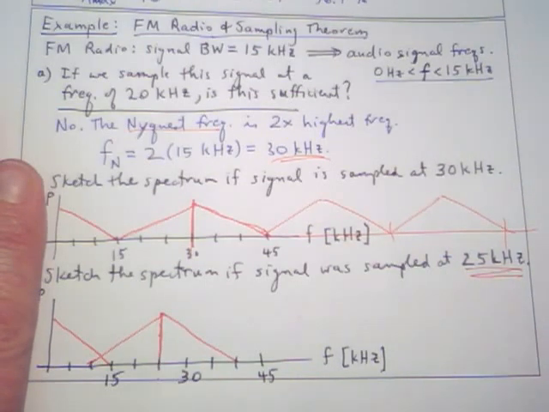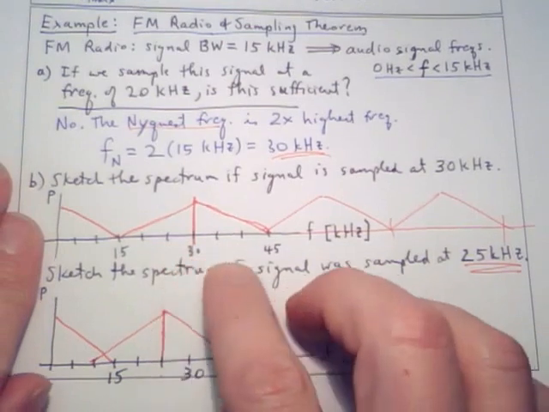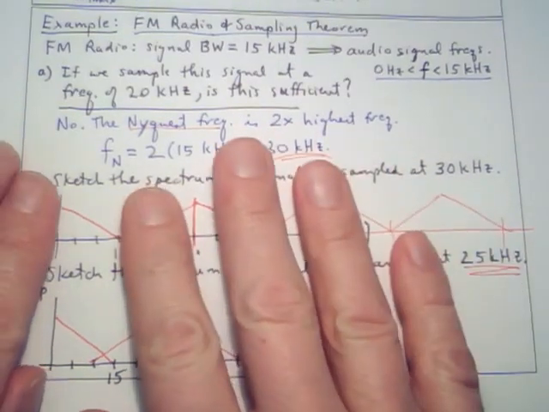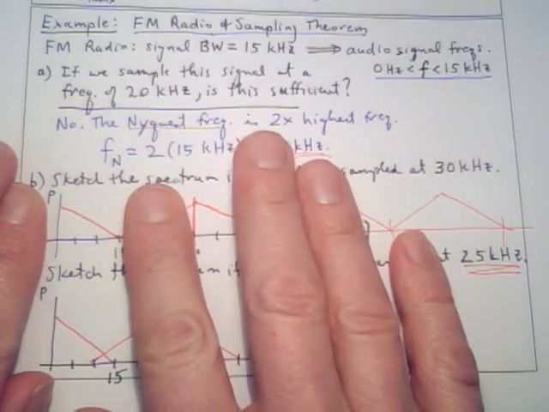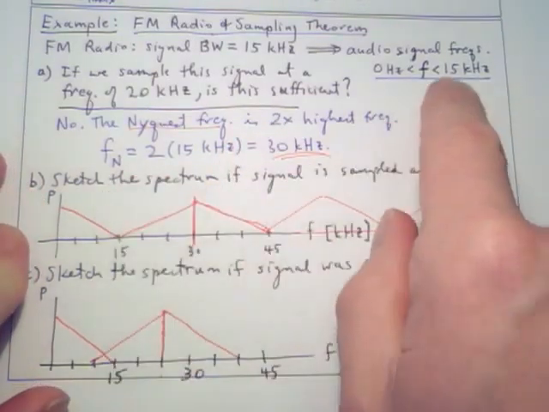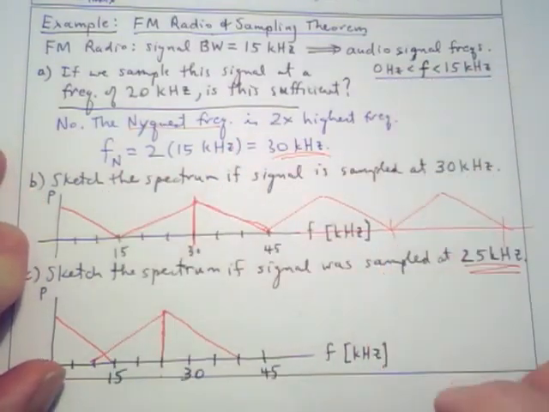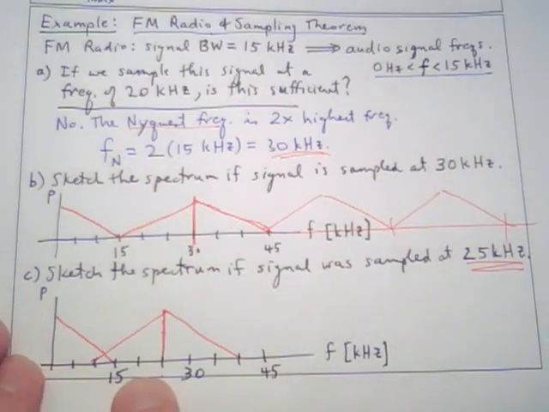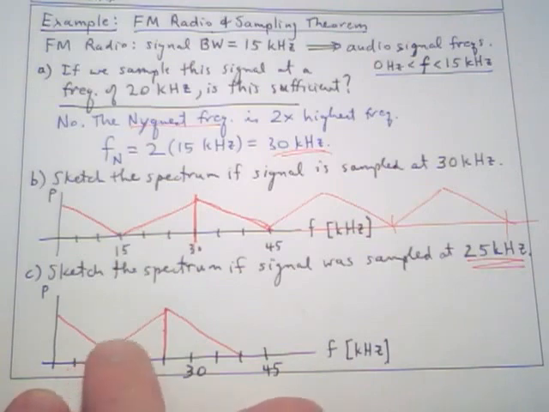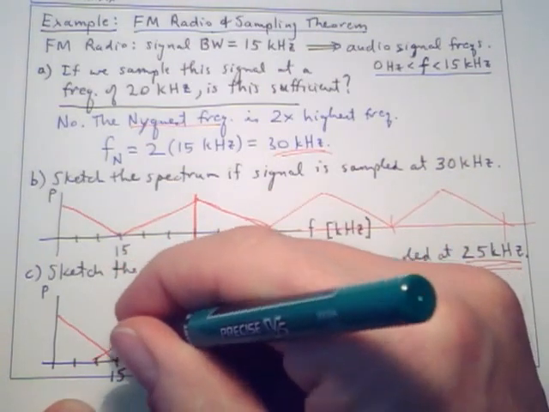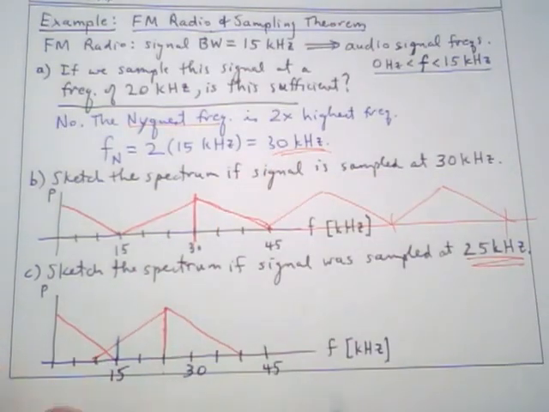Once we've digitized this signal and want to go back to analog, we low-pass filter it from 0 to 15, as I showed in my slides, and hopefully that recovers our entire signal because that's the bandwidth of the signal. But here, when we low-pass filter from 0 to 15, we get some extra copies of the fold-over distortion contained in that signal.